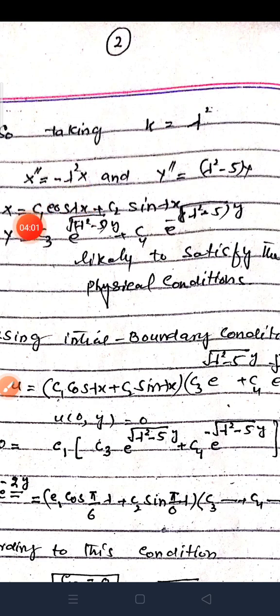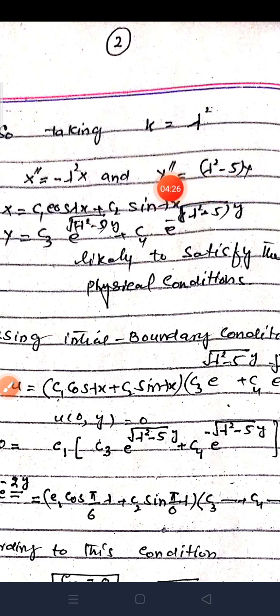So according to the definition of the complex solution of an ordinary differential equation, X is equal to c1 cos lambda x plus c2 sin lambda x, and solving the other equation we have the answers plus root lambda square minus 5 and minus root lambda square minus 5.